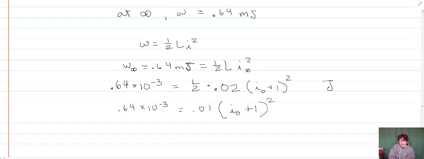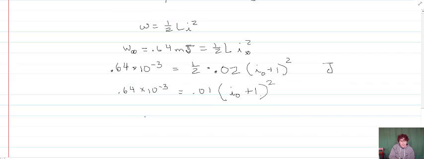And now divide both sides by 0.01, and I get 0.064 equals I naught plus 1 squared. Don't know what's up with my pen. Very frustrating.